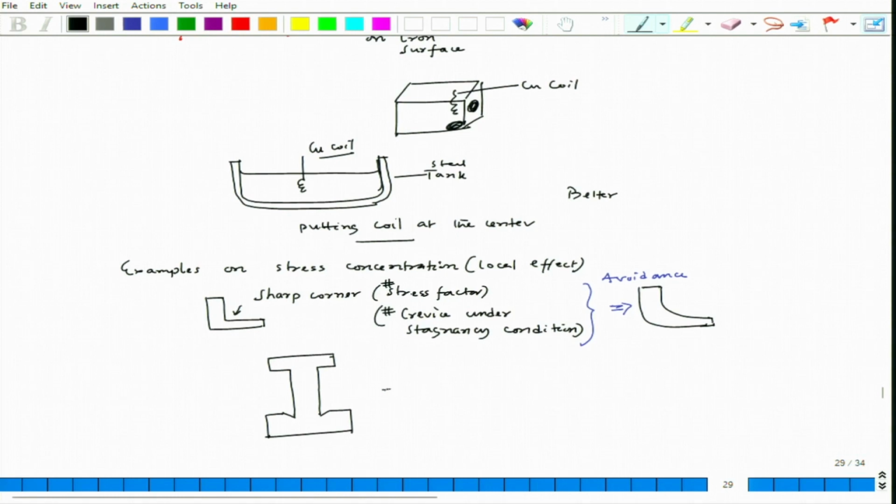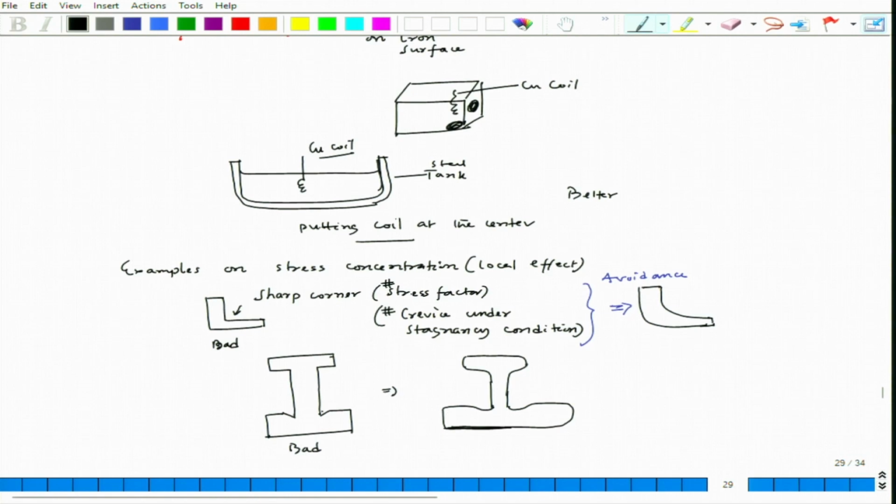So, this is bad, and one can have it like this, where there is a sufficient radius at the corner again.